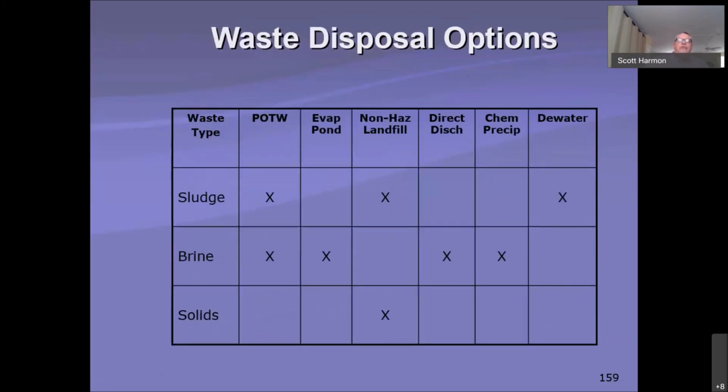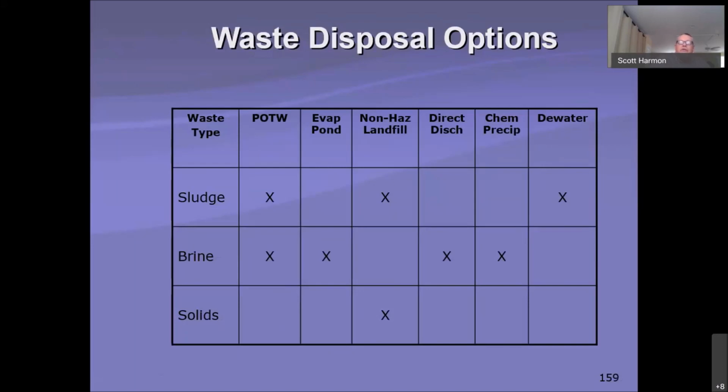Different waste disposal options. Okay, so you're going to have point of treatment, storage, that type of stuff. Sludge could maybe be handled in a non-hazardous landfill, and you could dewater them. When you end up dewatering sludges, sometimes you concentrate them, so that could also maybe present an issue. With the brines, again, you could keep them on site and treat them using an evaporation pond, which again will concentrate the brine.